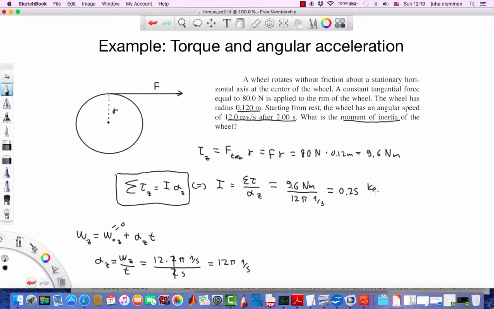So that's going to be newton is kg m over s squared times the meter divided by, oh, that's second squared, of course. Second squared divided by second squared, like this. So these seconds go away, and we have 0.25 kilograms times meter squared, which indeed are the units of moment of inertia.